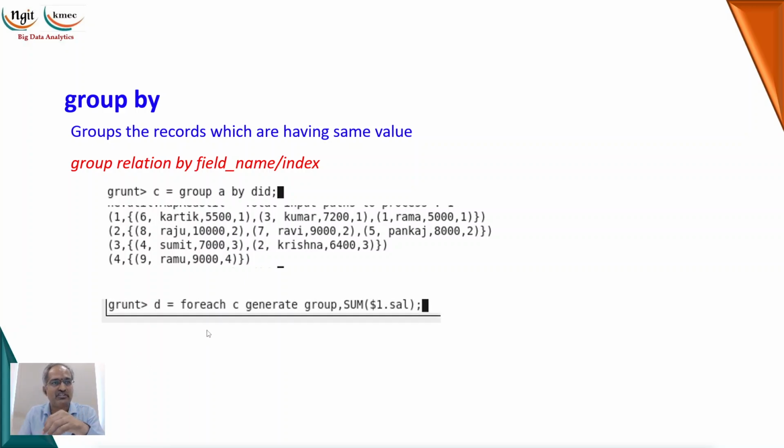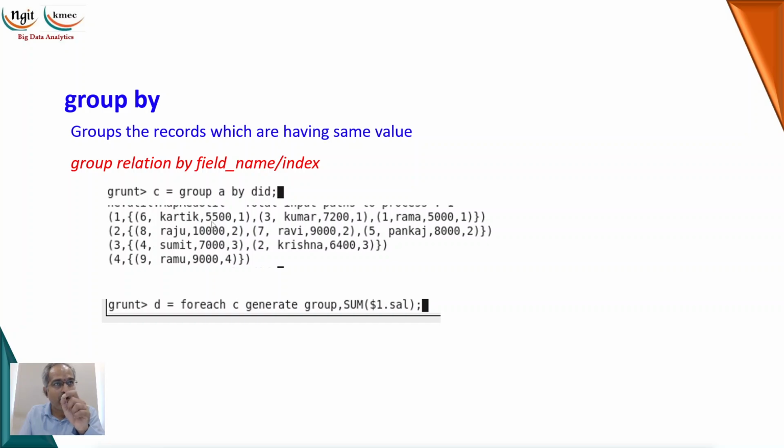And for each, see, now I want to get from this C, I want to generate group. Group means by default, the first column will be taken as the group. So group comma sum of $1 dot salary. $1 dot salary means here in this relation, this is the $0, and this entire line will be the $1.